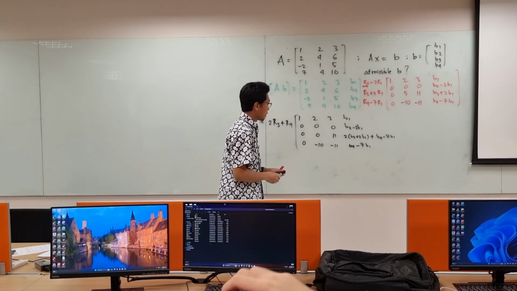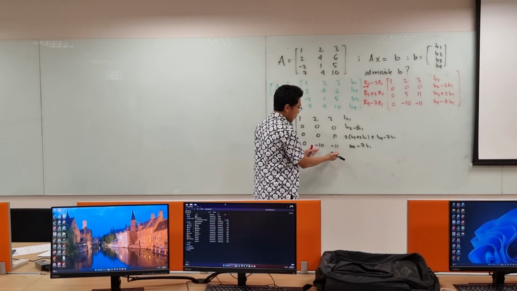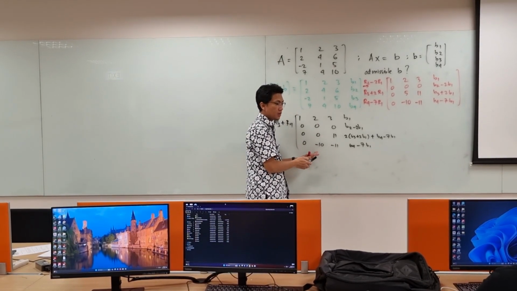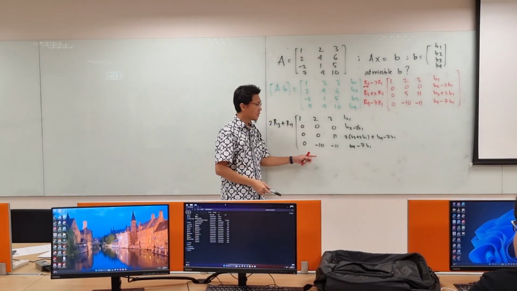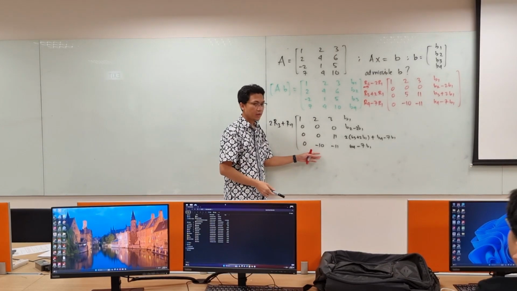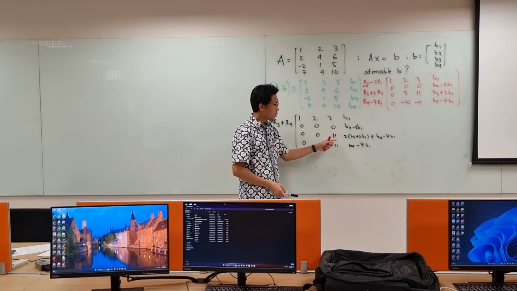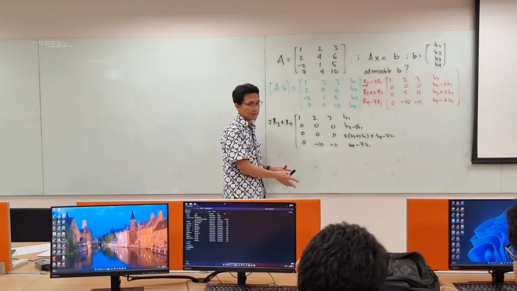Okay, so we arrive here, and then this one cannot be reduced more. You see, row number 4 we cannot reduce it more. This is the limit. We cannot reduce it anymore. Also, row 3 we cannot reduce it anymore. So this is the last step.